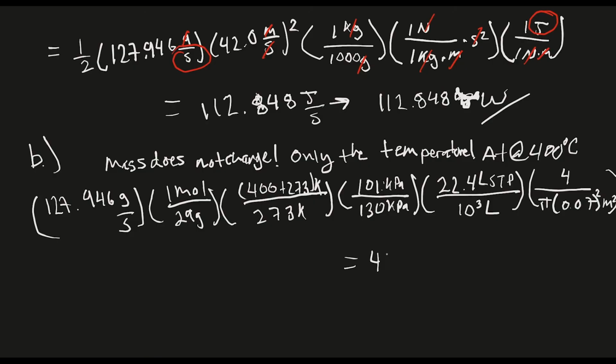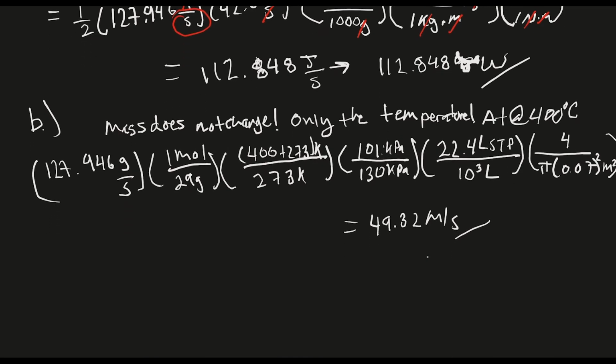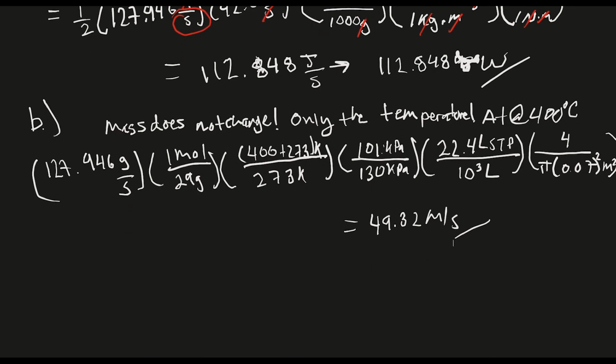And the only units you should get left at the end is 49.32 meters per second. So cool, we have our new velocity for our 400 degrees temperature.